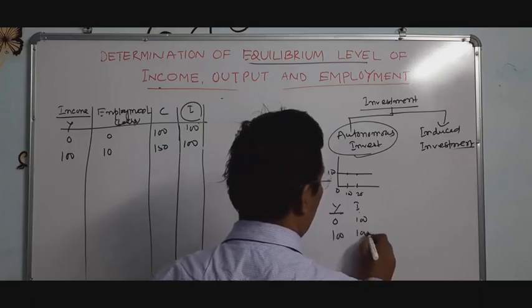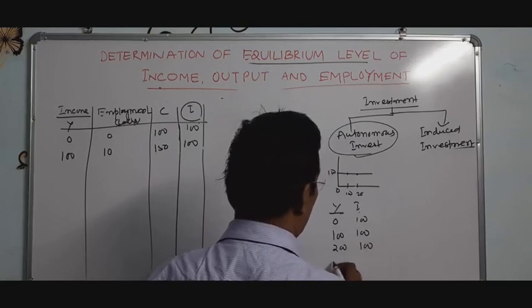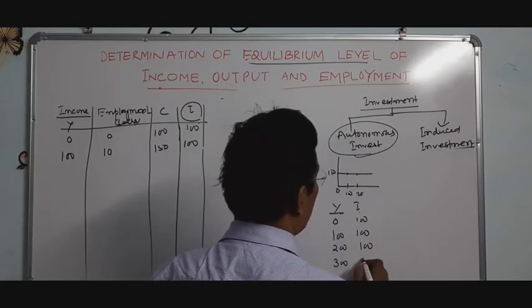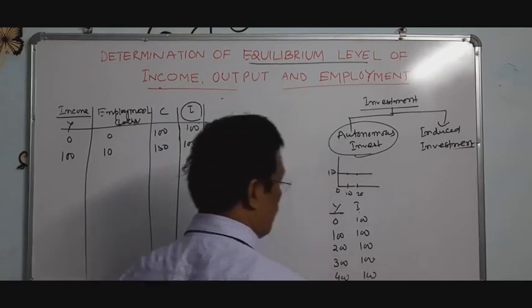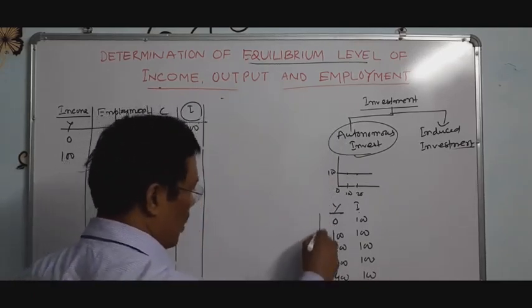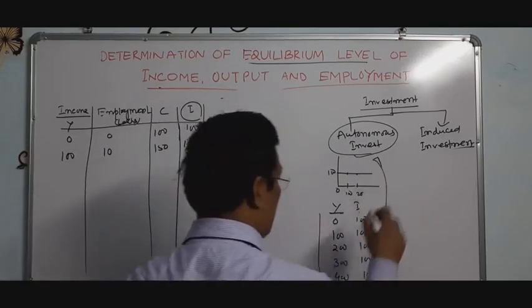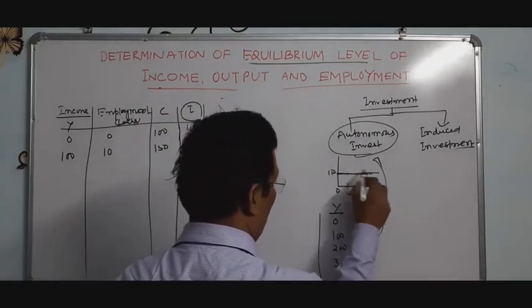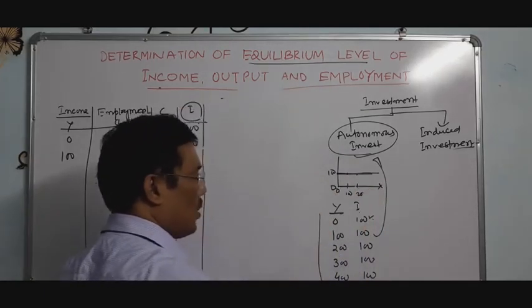Whatever may be the income, investment will remain the same. That is called autonomous investment, so the autonomous investment curve will be parallel to the x-axis.